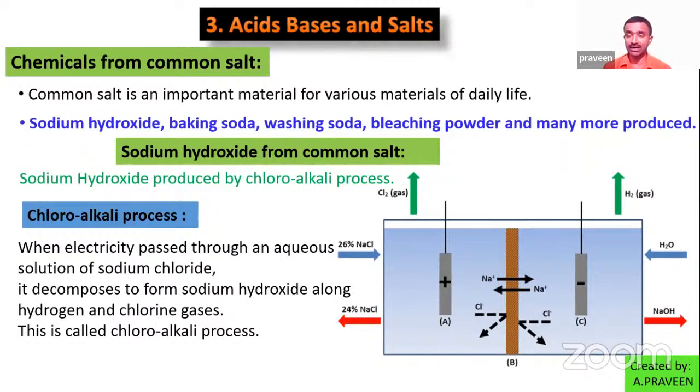So the chloroalkali process is a simple electrolysis of NaCl that decomposes it into sodium hydroxide, dissolved in liquid solution called alkali, and chlorine gas liberated in this process. That's why the name is chloroalkali process, for the production of NaOH.